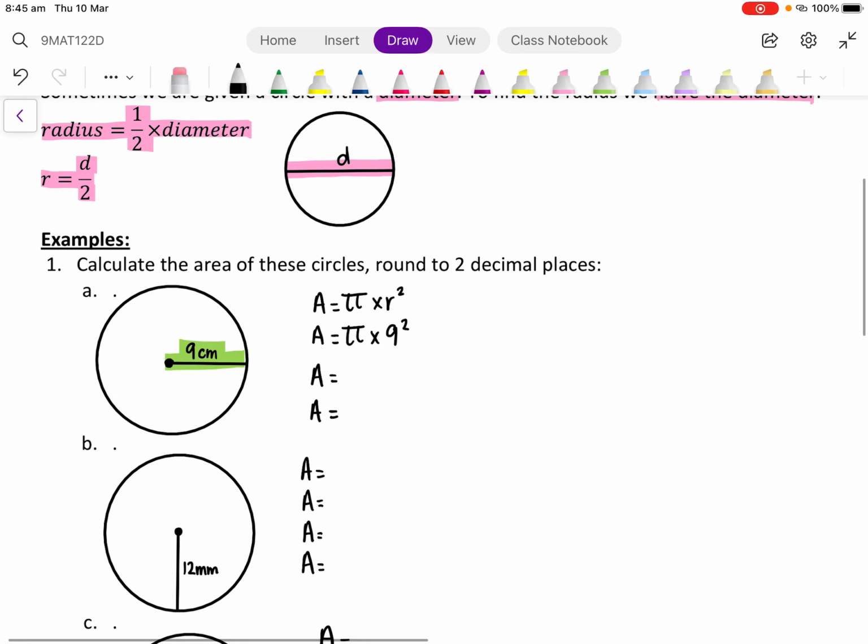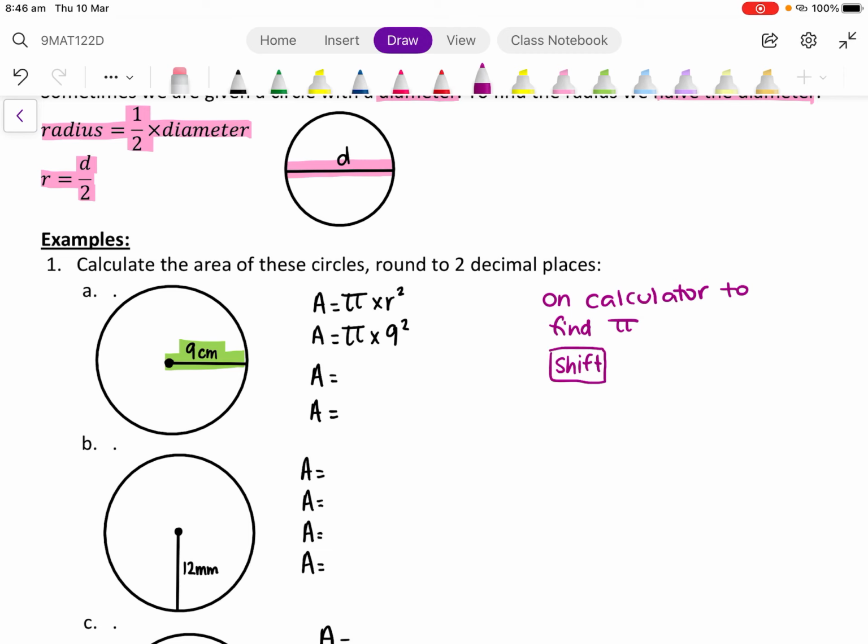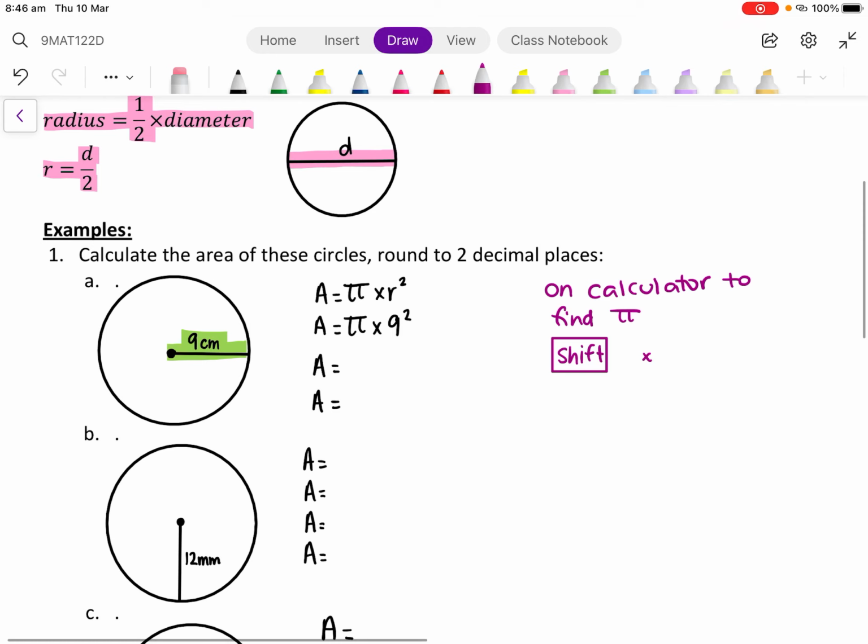What we then want to do is get a calculator, and on our calculator we have to find the pi button. To find pi, we have to go shift and then our times 10 to the power of x button.